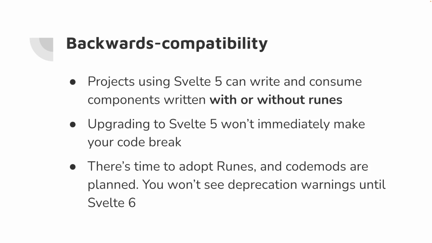If it does not use runes, it will also work. And supposedly a Svelte 4 component that also does not use runes will also work. Upgrading to Svelte 5 will not immediately make your code break because it's backwards compatible, or plans to be. There's time to adopt runes, and code mods are planned, so you can automatically refactor your code using a code mod, but you will not see a deprecation warning until, at the earliest, Svelte 6.